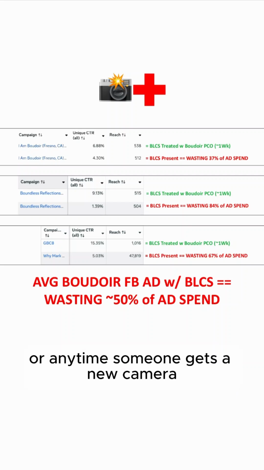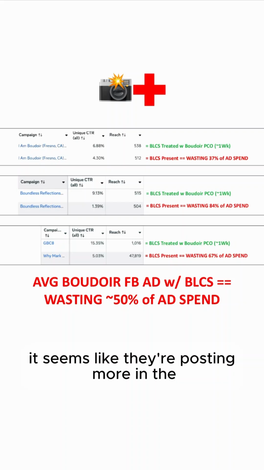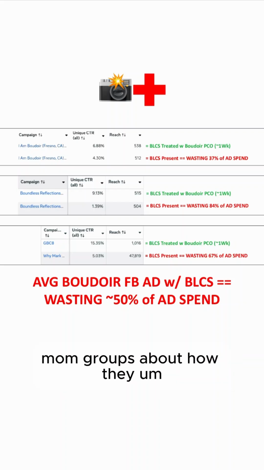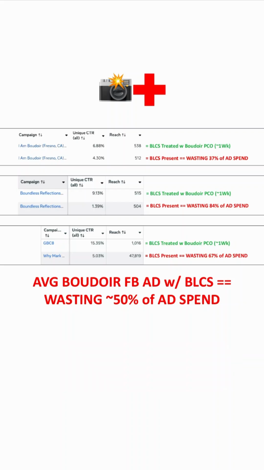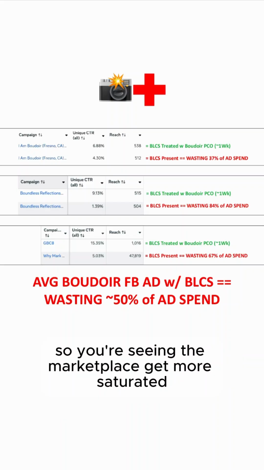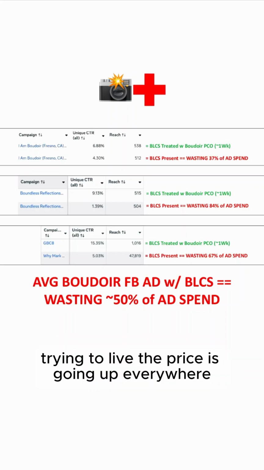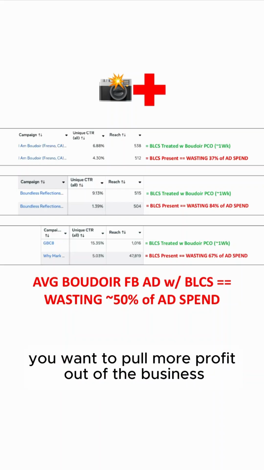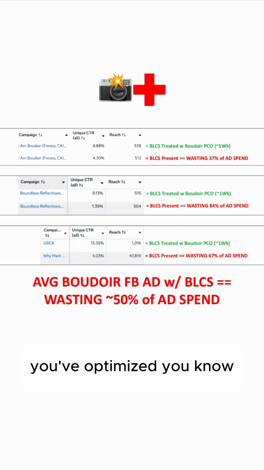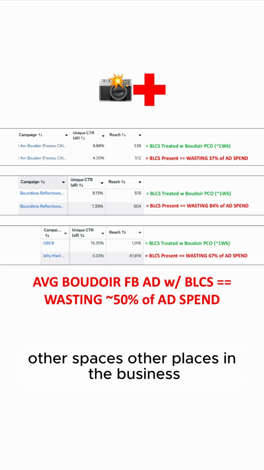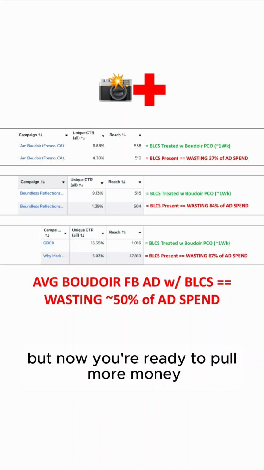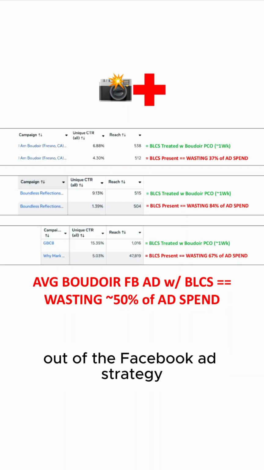Or anytime someone gets a new camera, it seems like they're posting more in the mom groups about how they now offer boudoir. So you're seeing the marketplace get more saturated, and you're seeing inflation keep hitting, prices going up everywhere, and so you decide you want to pull more profit out of the business. You've optimized other places in the business, but now you're ready to pull more money out of the Facebook ad strategy.